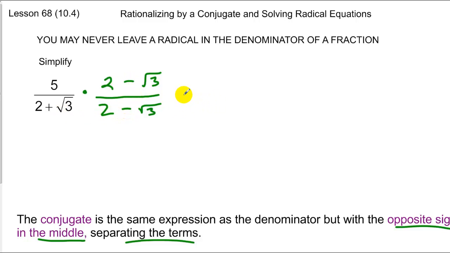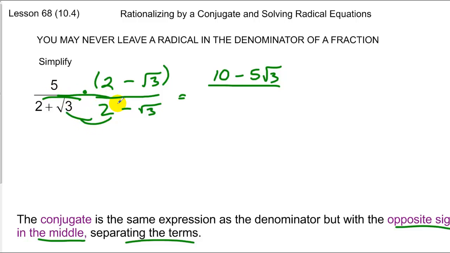And notice what happens. In the numerator, I'm going to distribute. I get 10 minus 5 root 3. In the denominator, I have to FOIL because this is two binomials. So first, outer, inner, last. I end up with 4 minus 2 root 3 plus 2 root 3 minus root 3 times root 3 is 3.